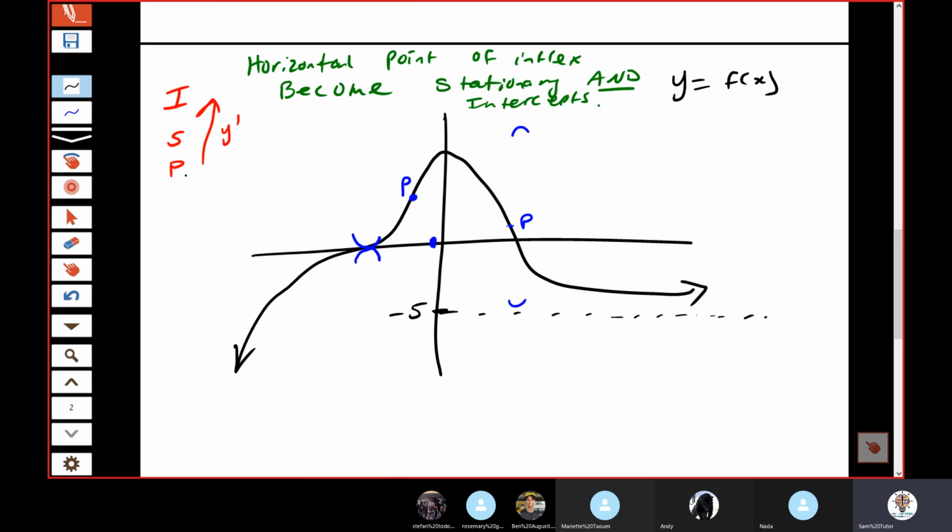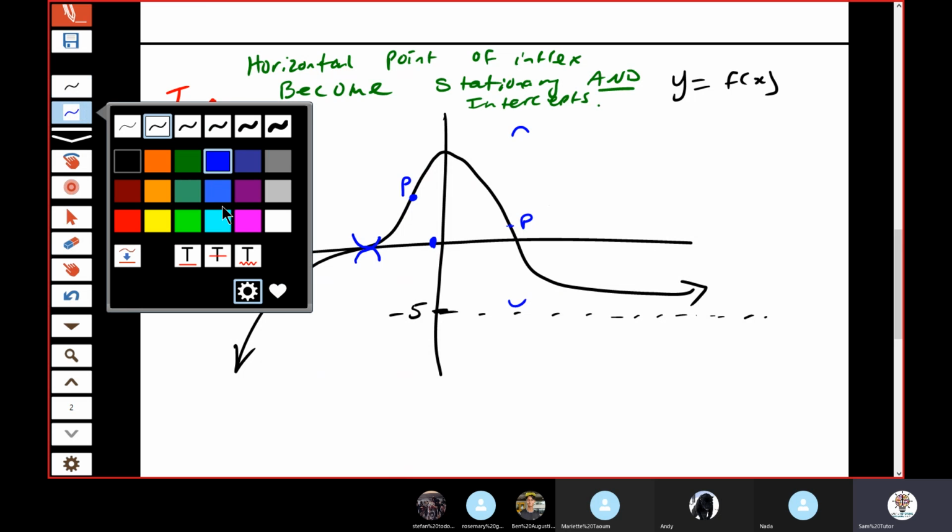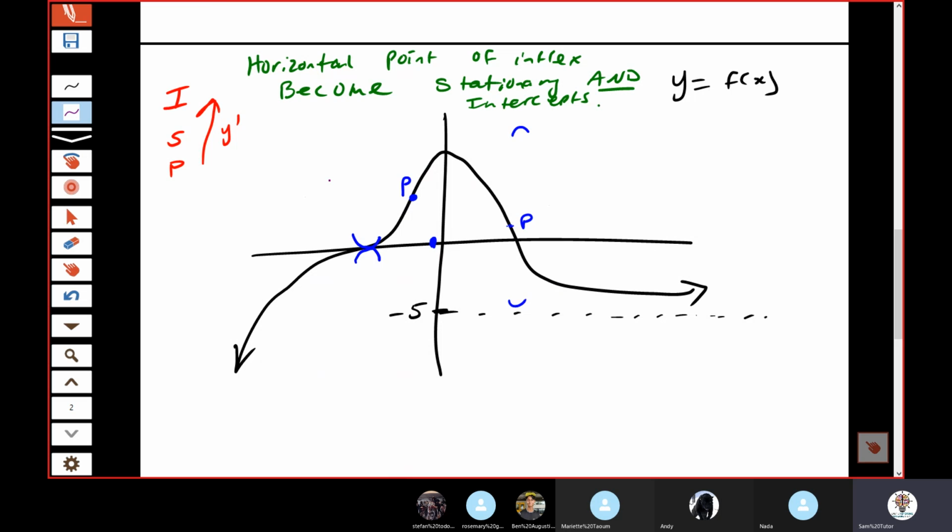So when I differentiate that, the P becomes an S, the S becomes an I. So horizontal points of inflection, anything you see like this, these squiggly ones, they are stationary and intercepts. So make a note of that, write that down. And if you've got any questions, ask me.